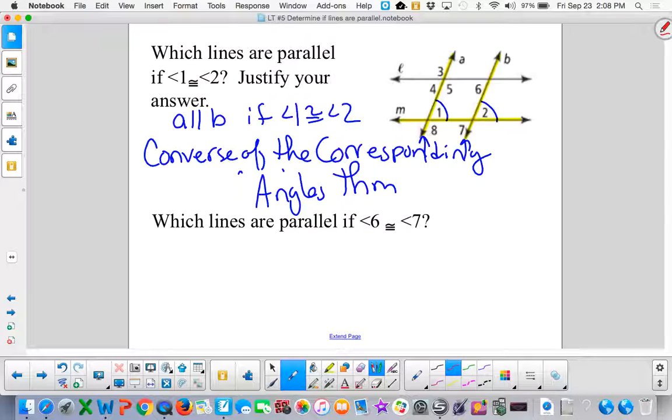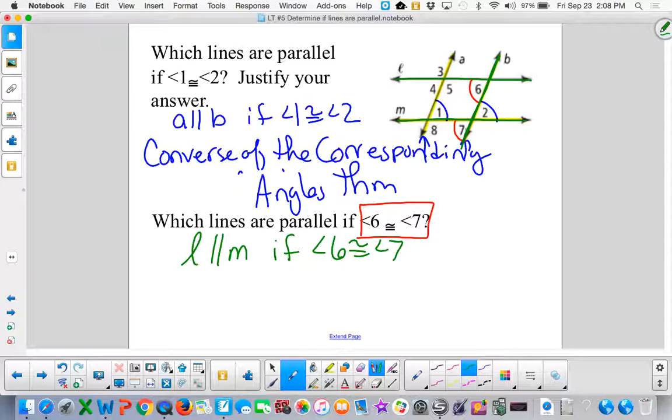Which lines are parallel if angle 6 is congruent to angle 7? If I highlight 6 and 7, and I highlight the sides for each of those, I've got that side, that's the side of 7, they share this. Then I've got B as my transversal, but really L is parallel to M if angle 6 is congruent to angle 7.